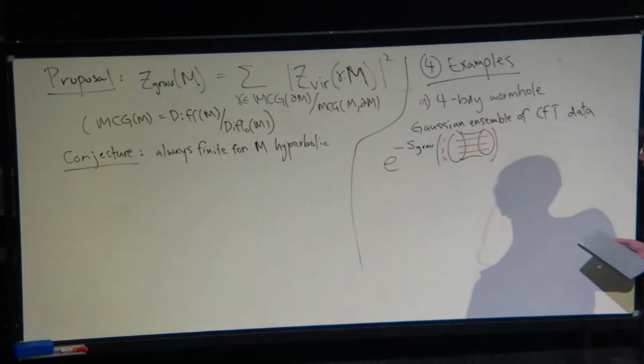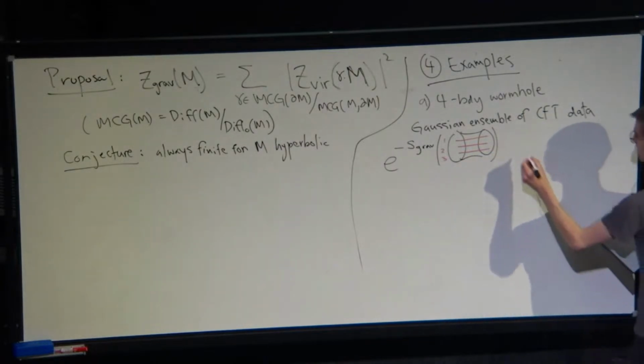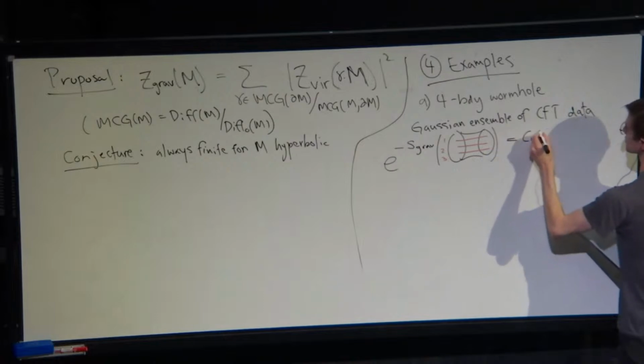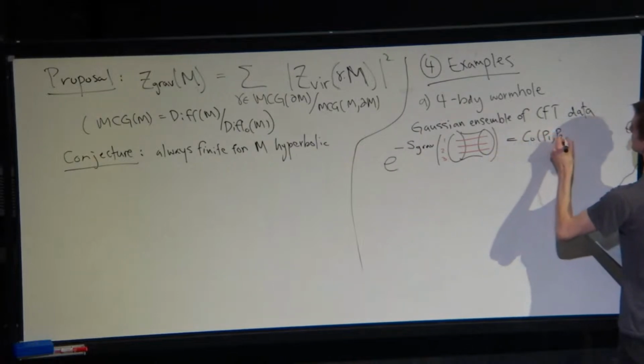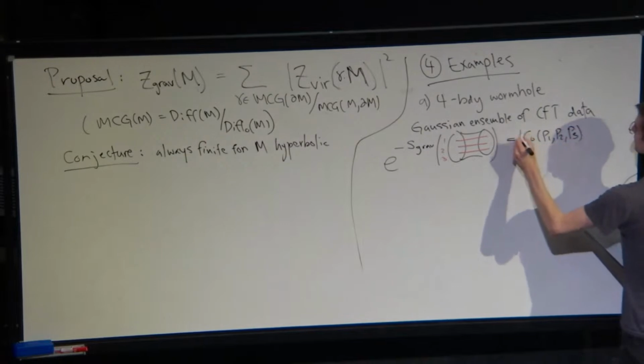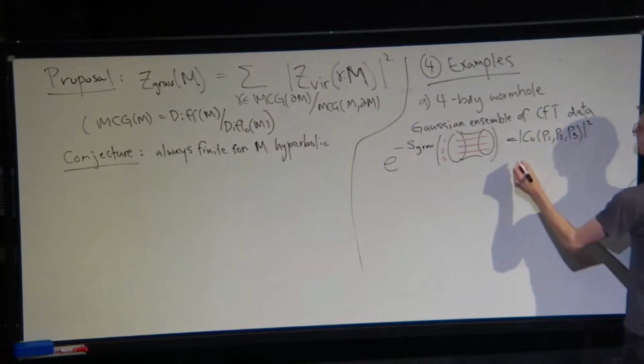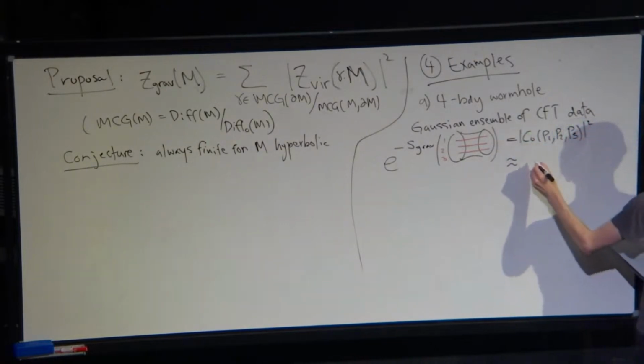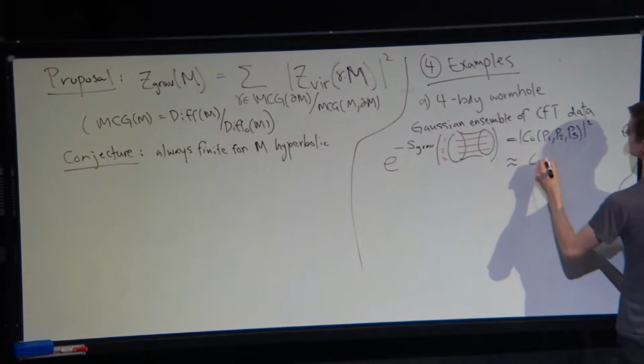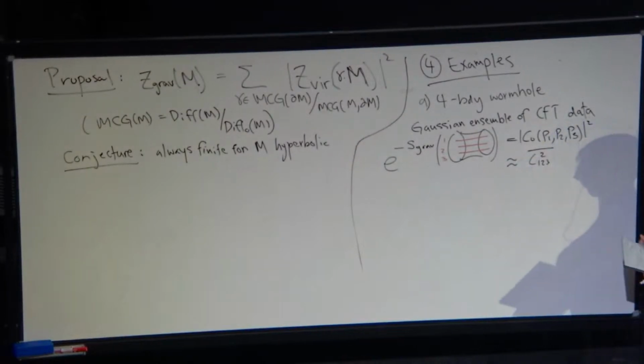The on-shell action of this 2-boundary wormhole was computed, and it was shown to be equal to this C0 squared, mod squared, which was then taken to define the variance of the structure constants in this Gaussian ensemble.